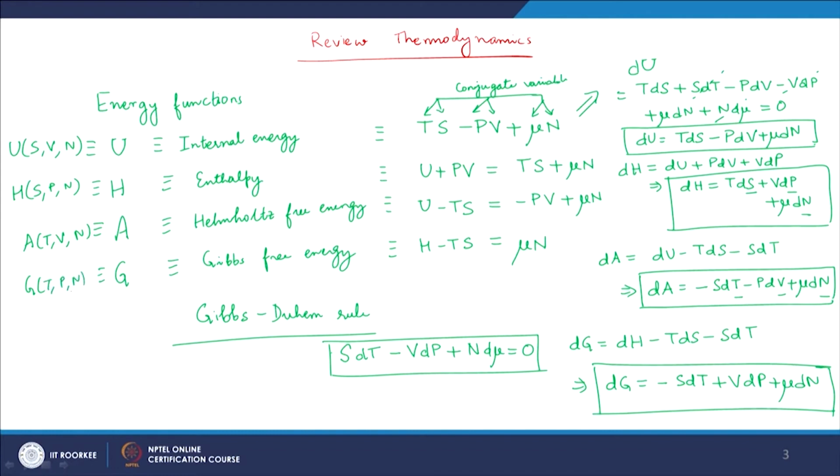Okay. So, the use of these energy functions is the following. It depends on what the system is like. Which variables are you controlling inside the experiment, and which variables, of course, the conjugate variables, will be a function of those variables that you are controlling, but you do not control them explicitly.